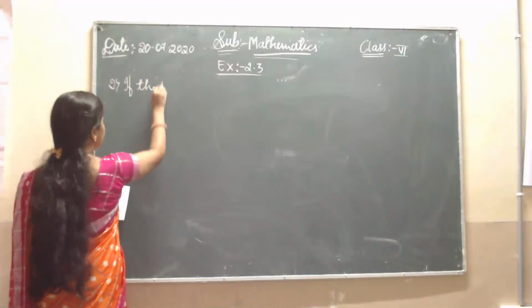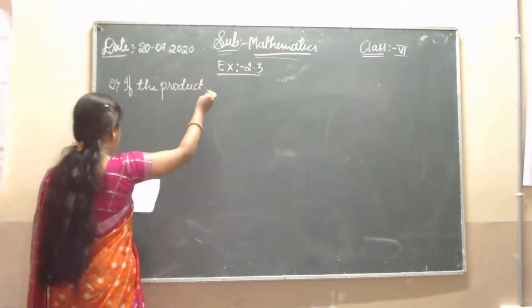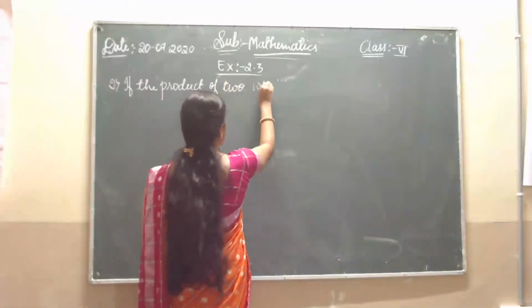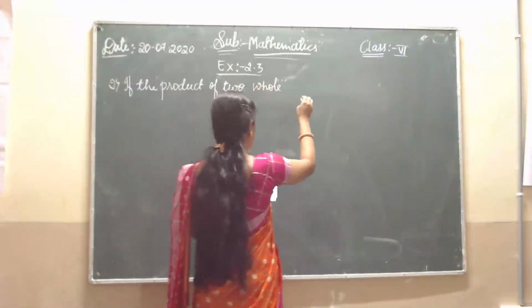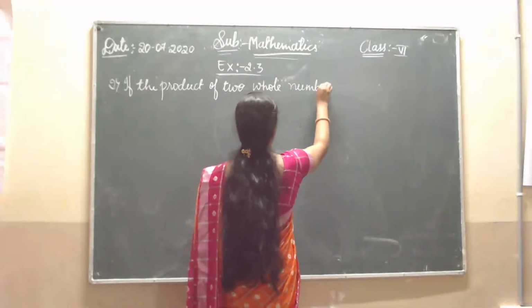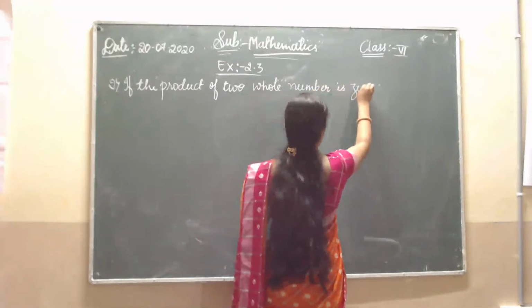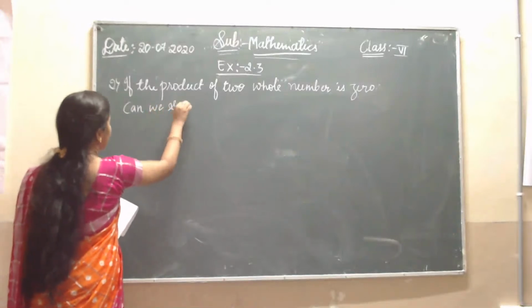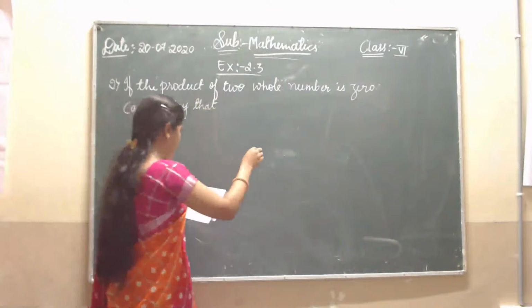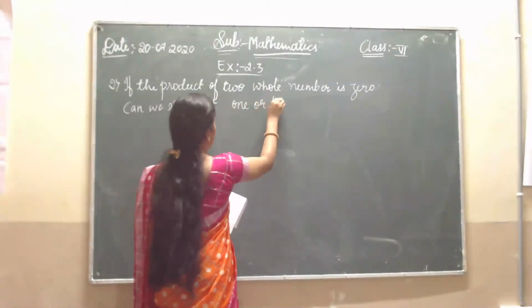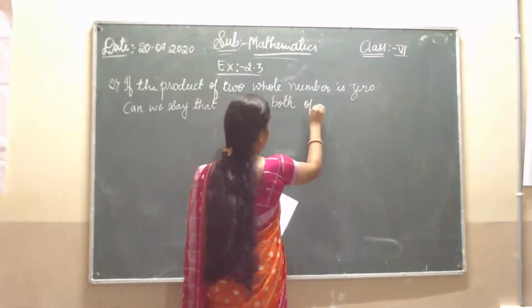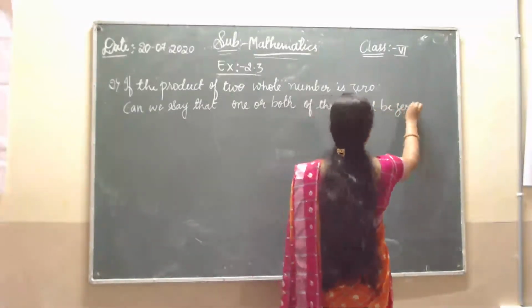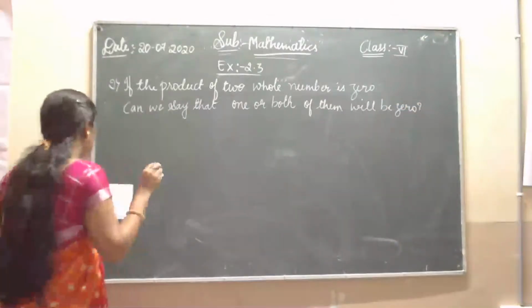If the product of two whole numbers is 0, can we say that one or both of them will be 0? Justify through example.